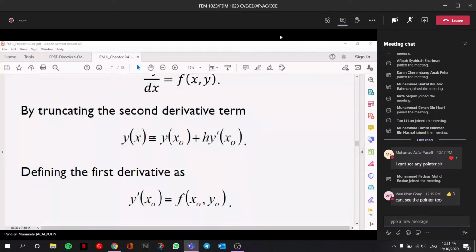No. Oh, only the big one. The small one. Oh, you cannot see? Sorry. Oh, cannot see this one. No? No, sir. I think they already blocked.